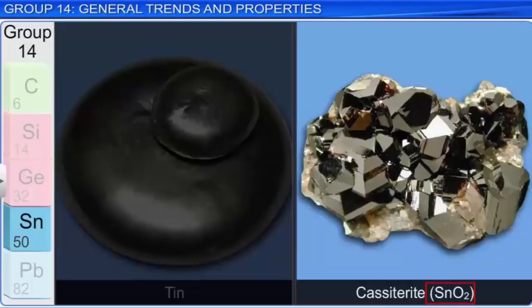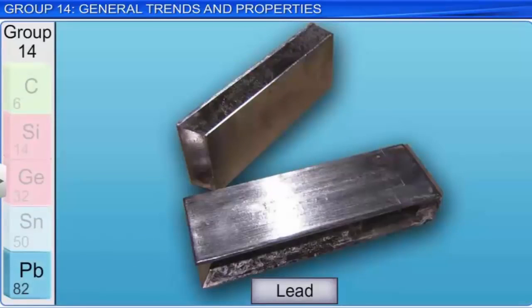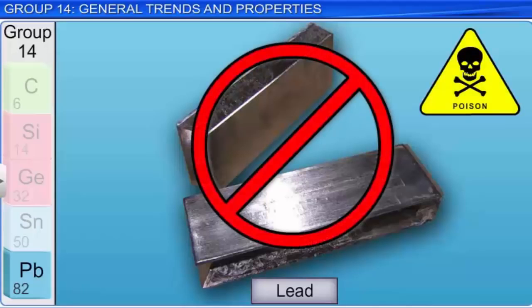Lead is a very soft, greyish metal that is shiny when first cut. Lead has been used since ancient times. But lead poisoning can cause many serious health problems, especially in children.